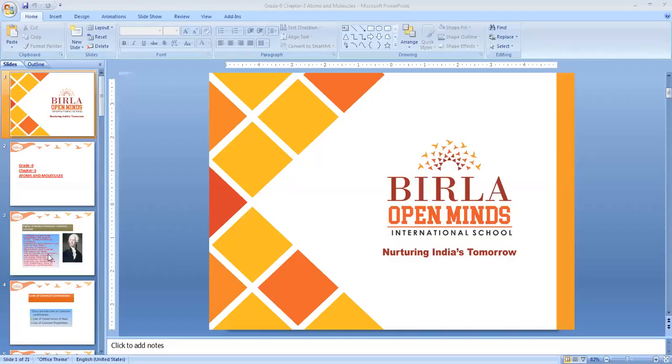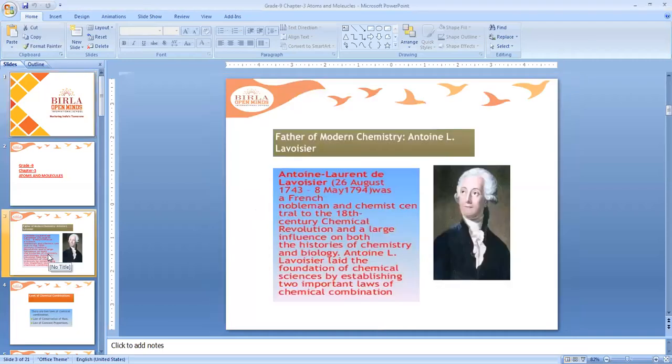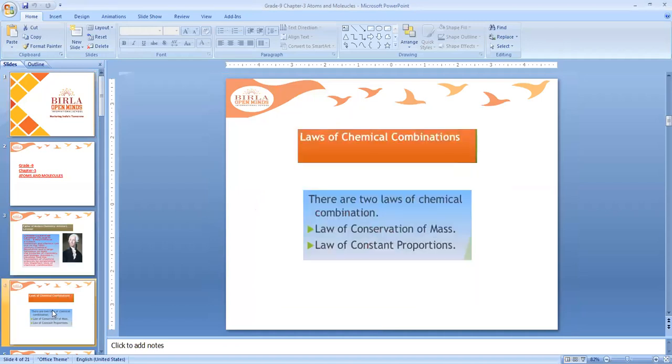So we were discussing atoms and molecules. The scientist Antoine Laurent Lavoisier was a French nobleman and a chemist who established two important laws of chemical combination, which are the law of conservation of mass and the law of constant proportions.